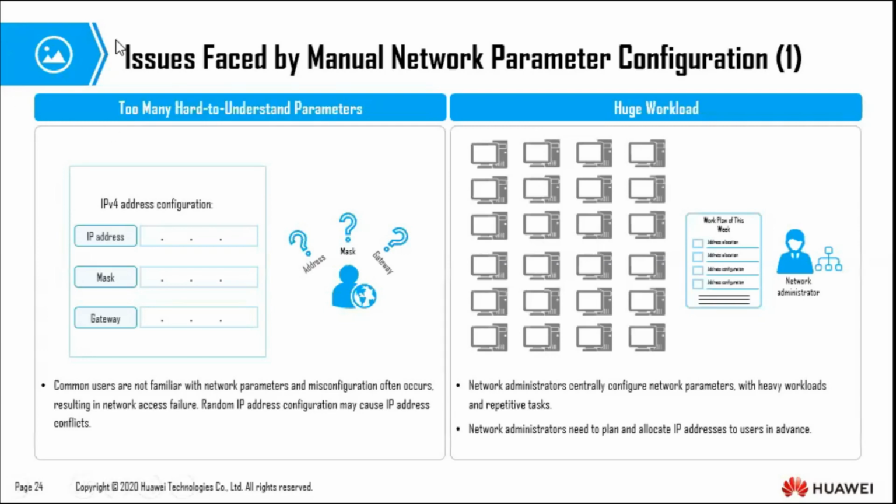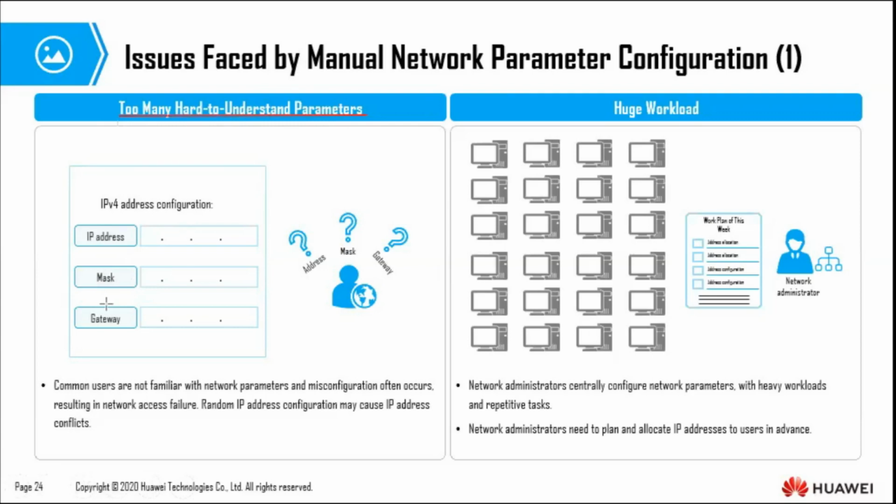Now, traditionally, this used to be done manually, but manual work has several disadvantages. One of them is that on your host, you need to configure quite a number of parameters. These parameters are quite hard to understand. I remember when I joined MMU in 2010, we used to manually configure IP addresses.